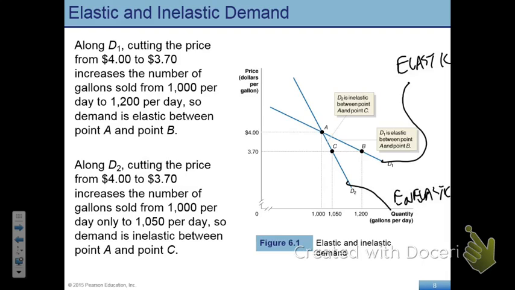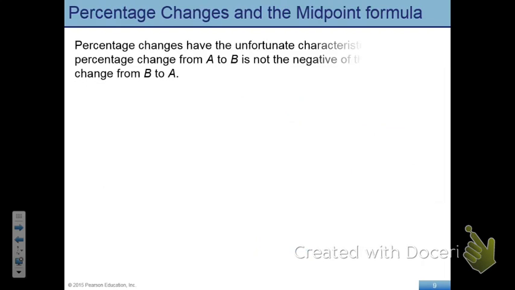So if you do the calculation, you will realize that for D1, your price elasticity of demand is greater than 1, which means that D1 is an elastic demand curve, and for D2, it is going to be inelastic because the change is going to be less than 1. Okay?